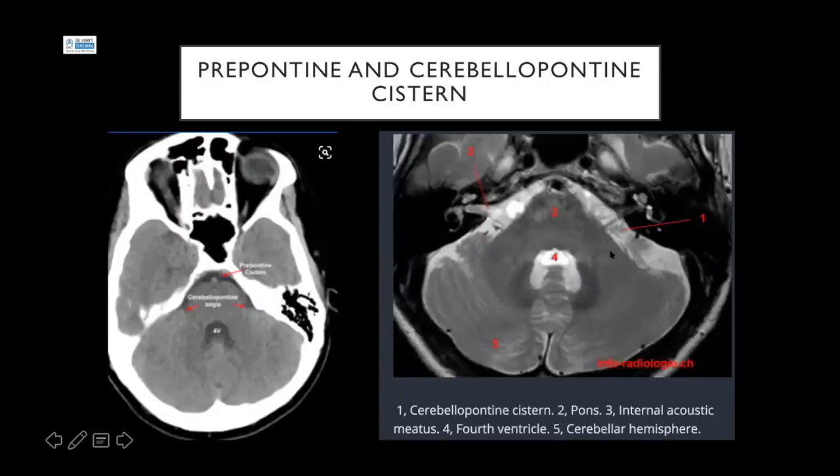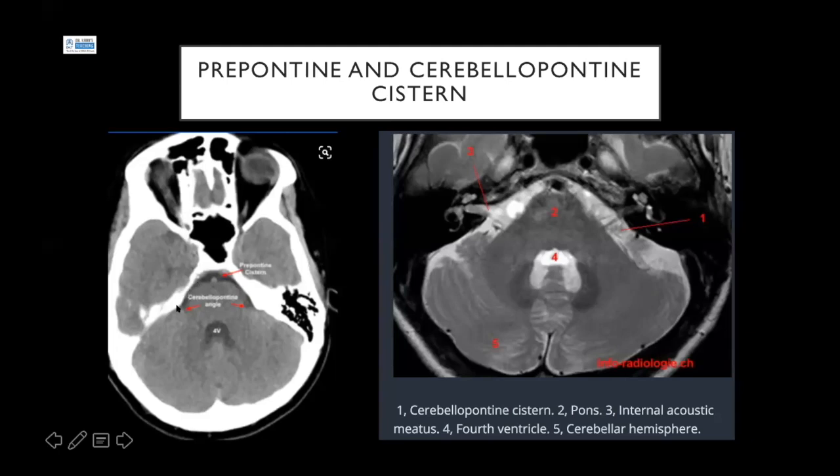So we'll now move on to look at the prepontine and the cerebellopontine cistern. The prepontine cistern lies anterior and around the pons. And we can visualize the basilar artery running through this cistern. So this is the prepontine region here. The cerebellopontine cistern is located between the anterior cerebellum, which is here, and the lateral pons.